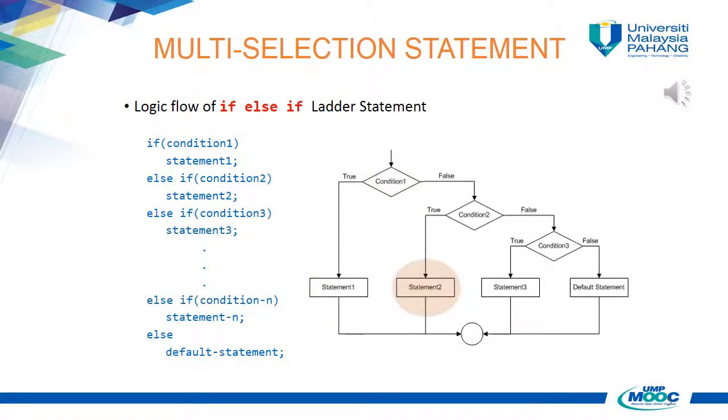Statement 2 will only execute if condition 1 is false and condition 2 is true. 3. Statement 3 will only execute if condition 1 and condition 2 are false and condition 3 is true. 4. The default statement will only execute if condition 1, condition 2 and condition 3 are false.